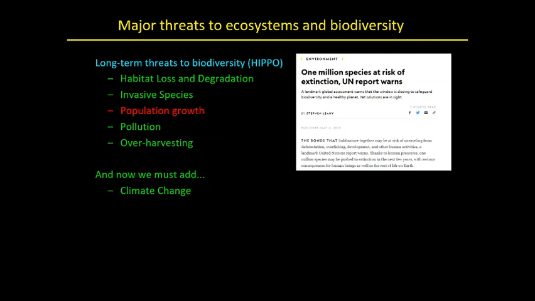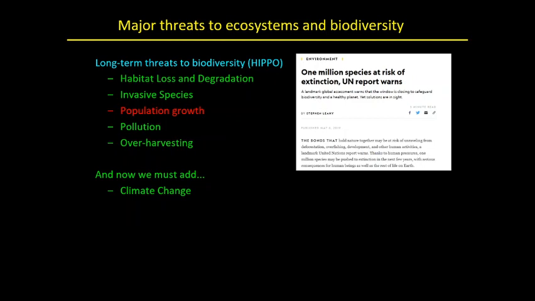One of the predictions, and the one that caught the most attention by the press, was that we're looking at losing about 1 million species by the end of this century if we keep living the way that we're living. That's about 1/10 of the world's species by the way they were accounting for species.